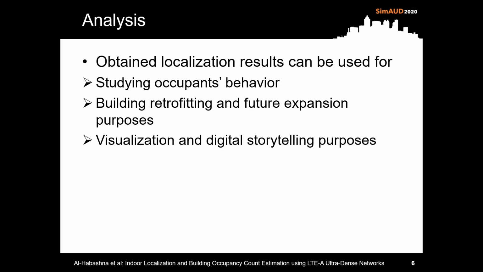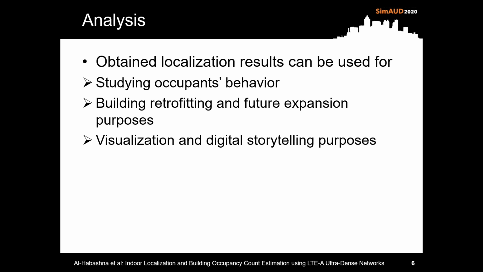The obtained localization results can be used to study occupants' behavior and their personas. With cellular-based localization, occupants can be tracked over the area of interest. This can allow analyzing occupants' movement and understanding their individual as well as emergent behavioral patterns.